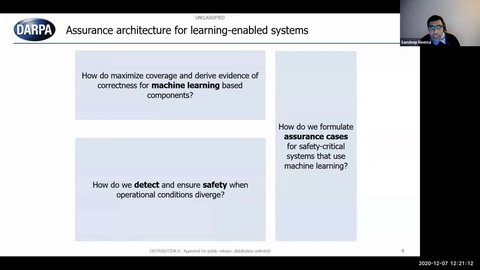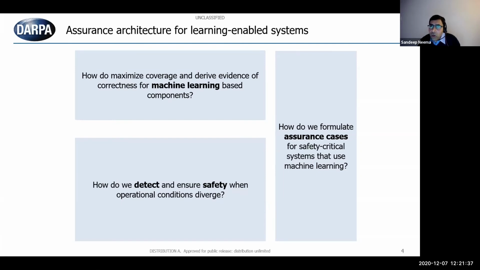Now, the other question here is, where does the evidence come from? The evidence, to a large extent, comes from the classical systems engineering approaches, right? So these are things like formal verification, simulation, and even testing. Generally, the notion of assurance always deals with providing coverage of the system's behavior space.